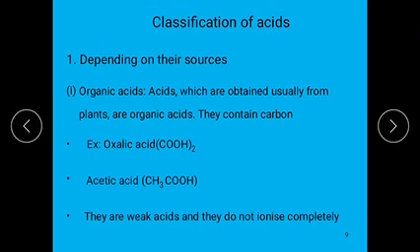Here, depending on the sources, the first classification is organic acids. These are usually obtained from plants. They mainly contain carbon components.